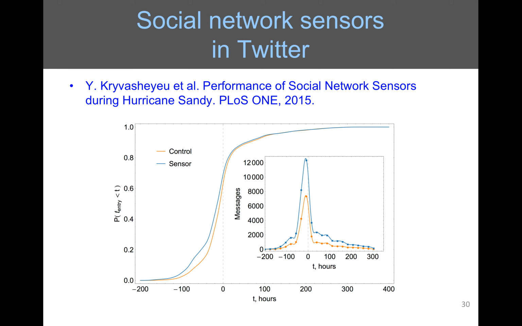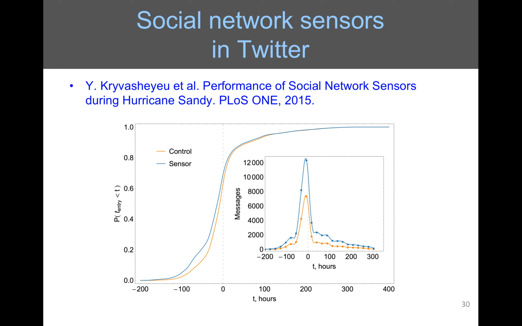People have used this idea as a way to track events on Twitter. For example, there is a notion of social network sensors where it's not real people; these are Twitter handles. Some are real people, obviously, but some may not be people. It could be organizations or other entities.